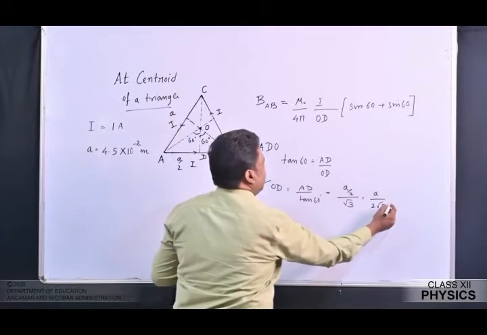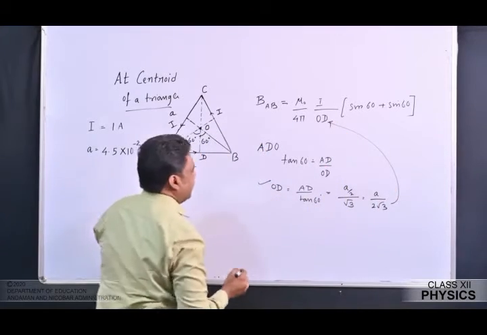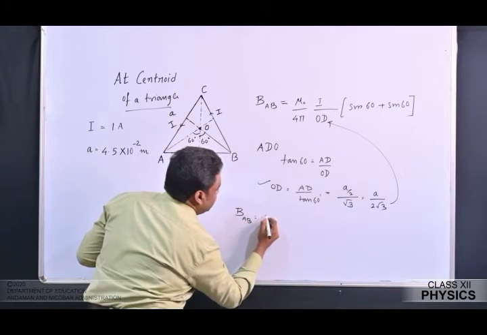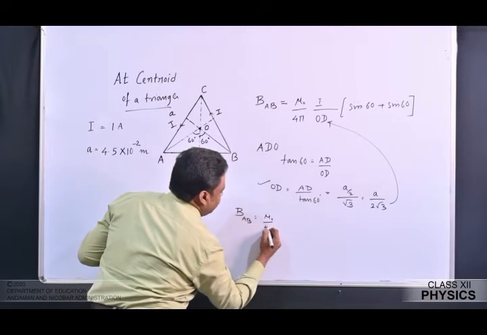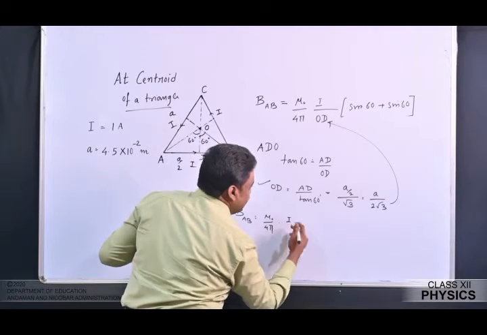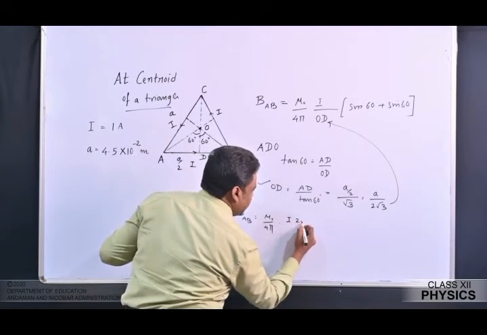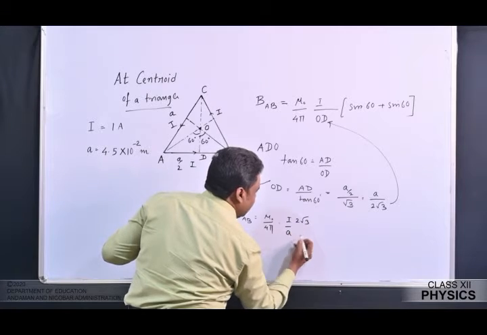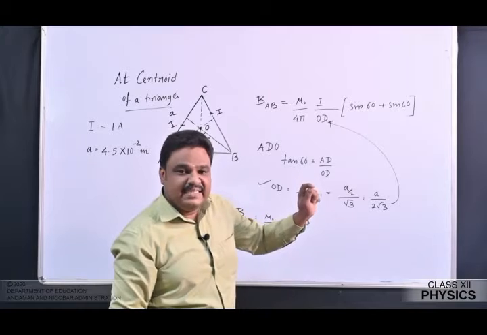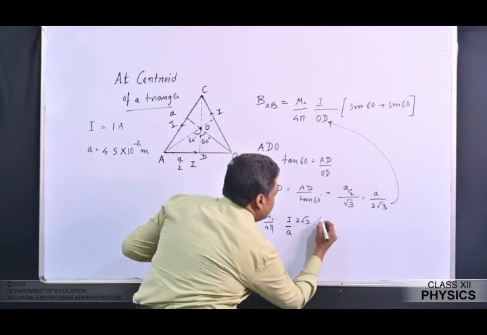So I can put it back here. B of AB is equal to mu naught by 4 pi into I by A by 2 root 3. The 2 root 3 moves up by A. Sine 60 is root 3 by 2, and another sine 60 is root 3 by 2, so together it will be 2 root 3 by 2.